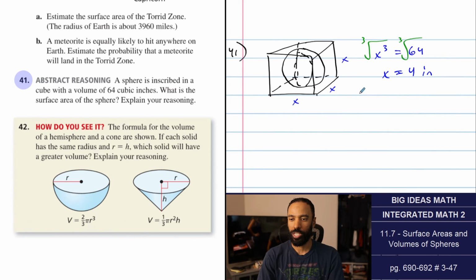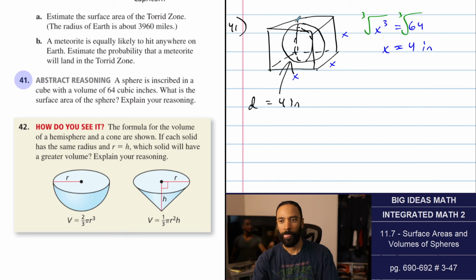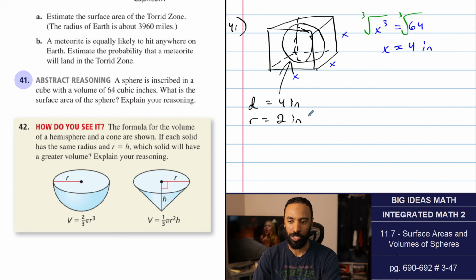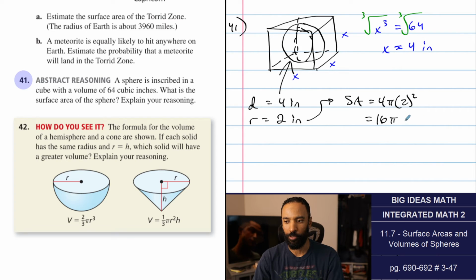So 4-inch cube, which means the sphere also has a diameter of 4 inches. The diameter is 4 inches because if this goes 4 across right there and it's inscribed inside it, that's what we get. The diameter is 4, therefore the radius is 2, therefore I can find its surface area. The surface area is 4 pi r squared, which is 16 pi, and we've seen that number before.